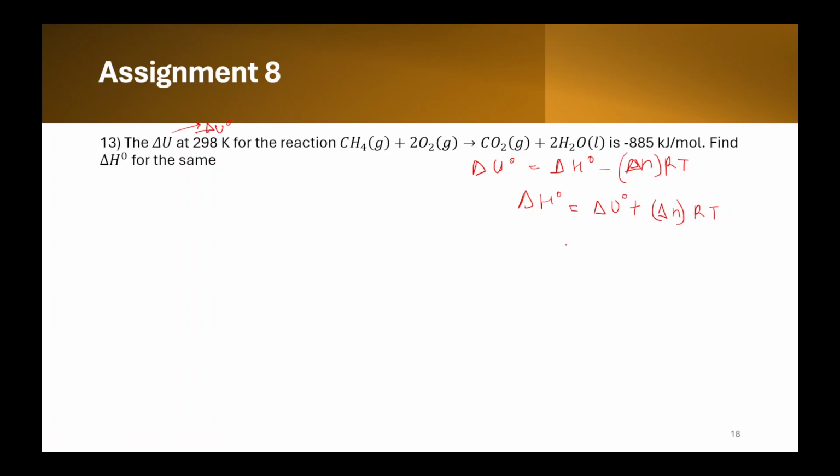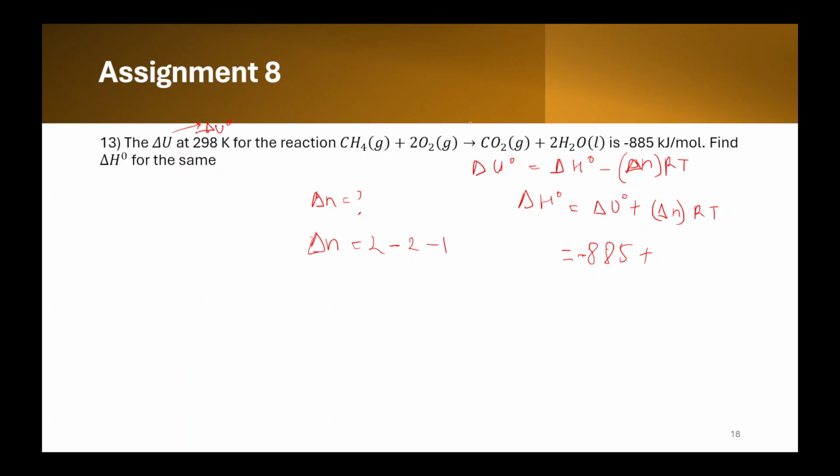So we can compute that. We are given minus 885. And what will be delta n here? Again for gaseous components only. So we do not consider this. We only get 2 minus this 2 and minus this 1.